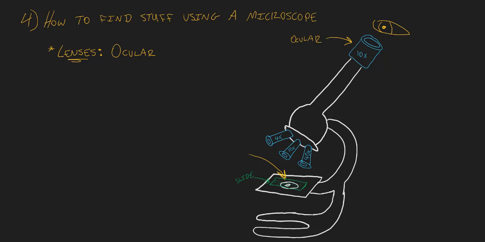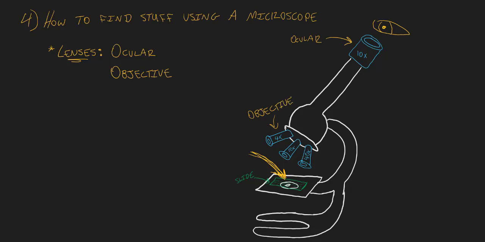So whatever's down here on our glass slide that we're trying to magnify, that's our object. The lenses that are closest to that object are referred to as objective lenses. Okay, so these 3 lenses here in blue are your objective lenses.